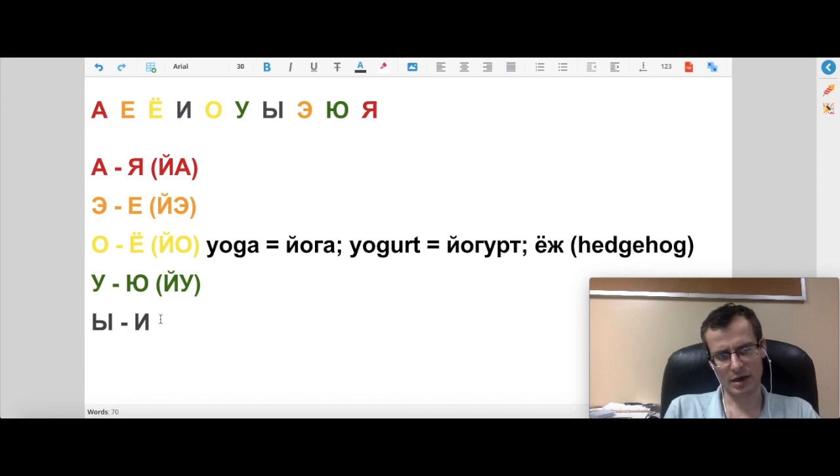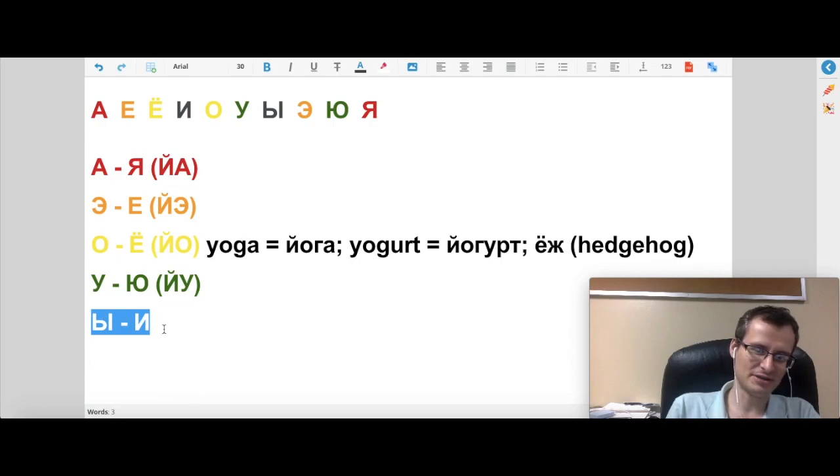Anyway, as far as the last pair goes, it's kind of a forced relationship because they're not a perfect pair. Neither of them is a diphthong, right? But funnily enough, they kind of rhyme a little bit, right? If you listen to it, they kind of rhyme, and not much to tell you about them.